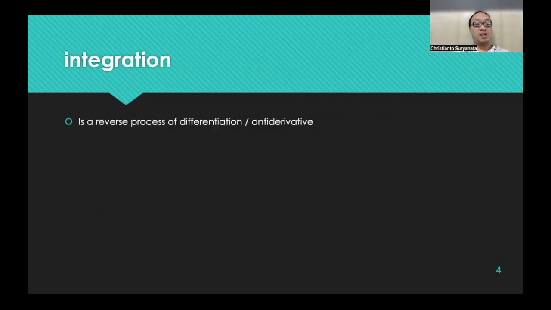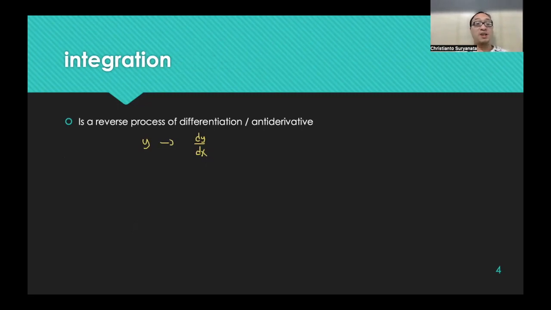Integration is the reverse process of differentiation, or we call it the antiderivative. Differentiation is the derivative of a function: when you do the derivative, you change from y into the derivative dy/dx.